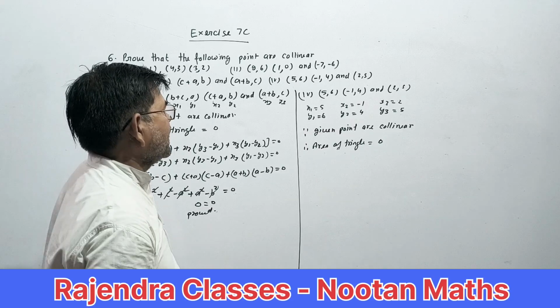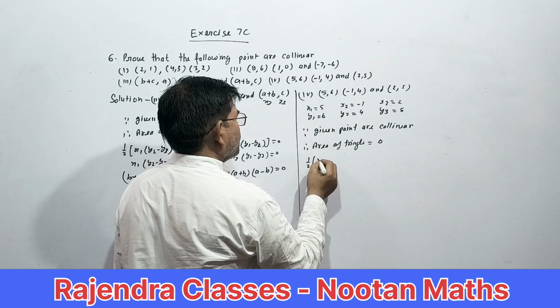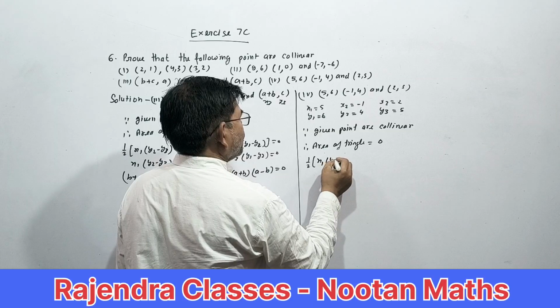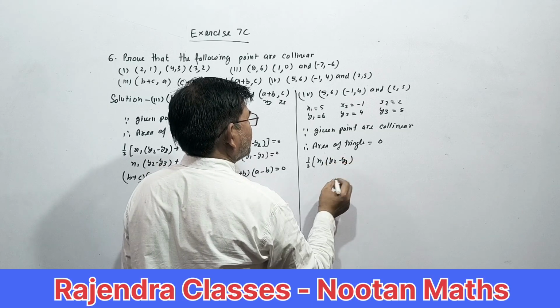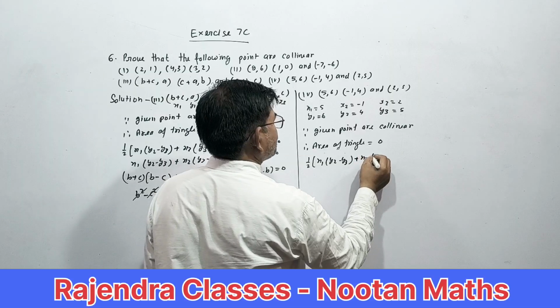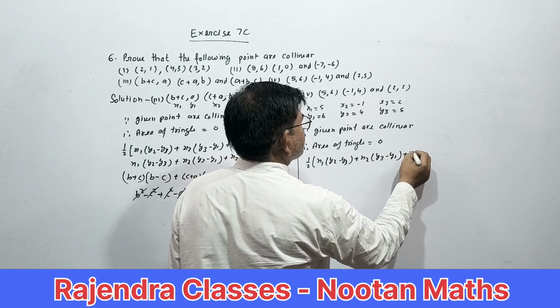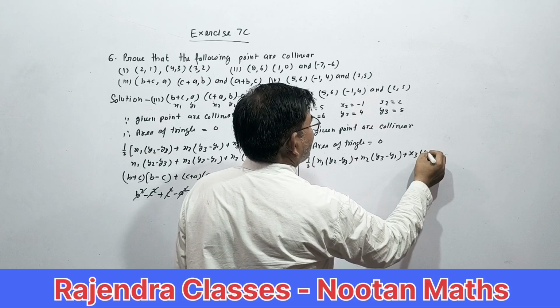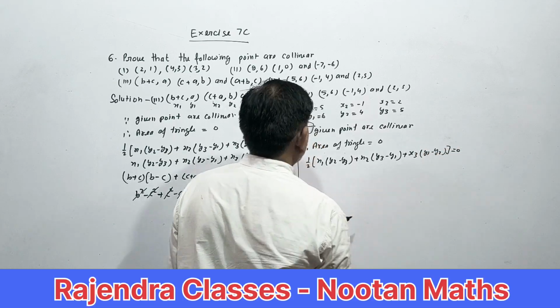We write the formula area of triangle 1/2 x1 (y2 minus y3) plus x2 (y3 minus y1) plus x3 (y1 minus y2) is equal to 0.